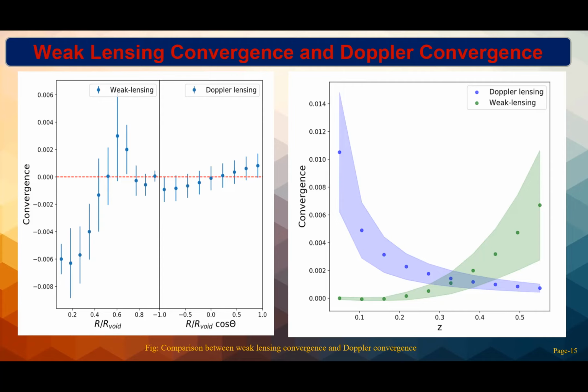That's why we have measured higher values of Doppler convergence at the void edge as compared to the weak lensing convergence. For both cases, the source redshift is z equals 0.6.